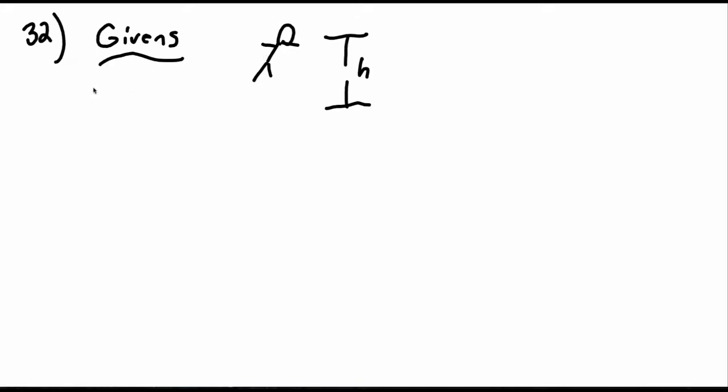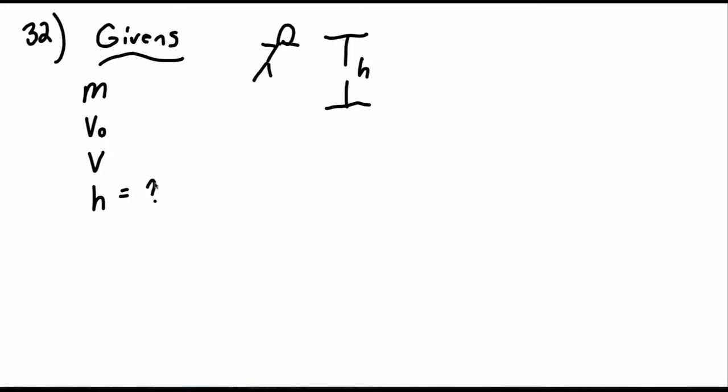If we look at our givens, they give us the mass of the pole vaulter and the initial velocity of the pole vaulter. They give the speed above the bar, so how fast he is going above the bar, and it asks for the altitude. So we're looking for h.